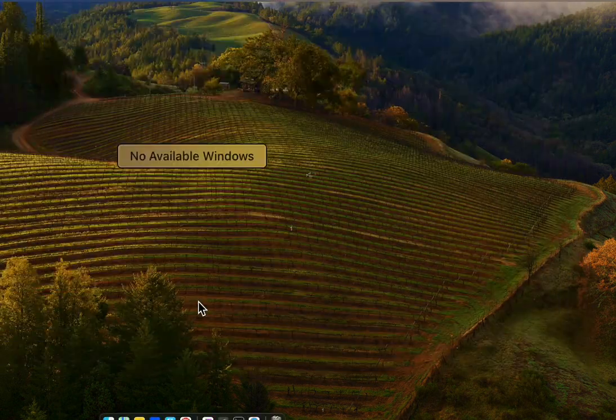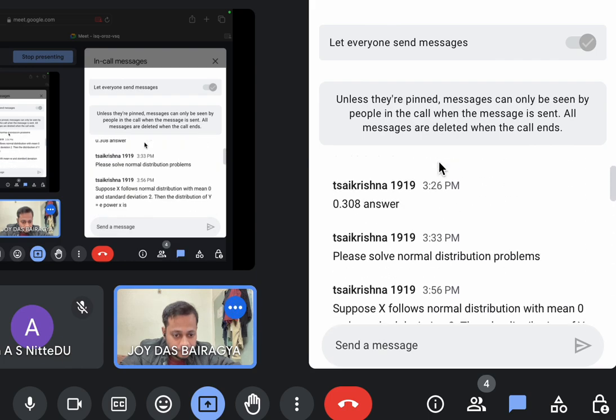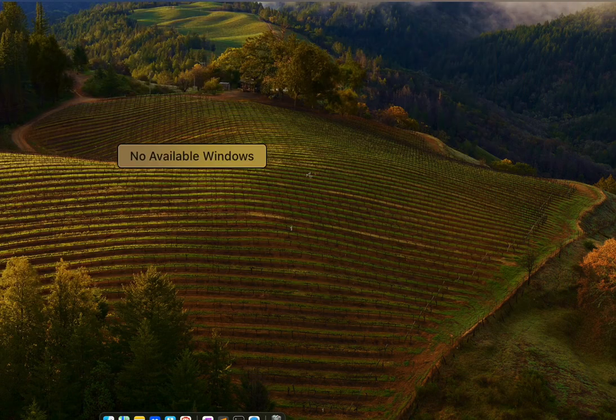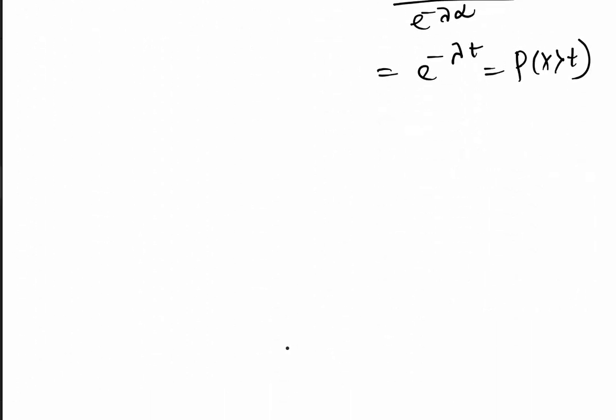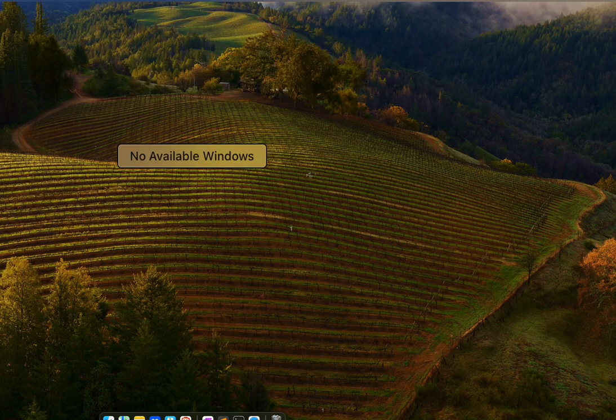Now let's move toward the question that has been asked by Krishna. Suppose x follows a normal distribution with mean 0 and standard deviation 2. Then the distribution of y. It has been asked that x follows a normal distribution with mean 0 and standard deviation 2.